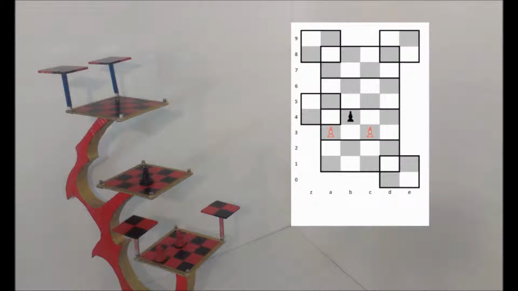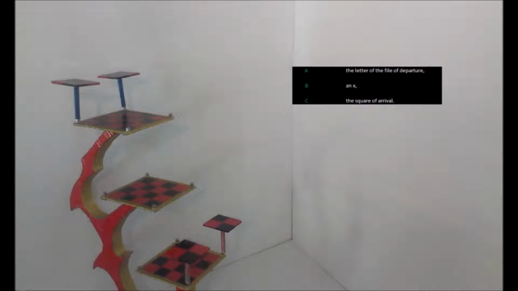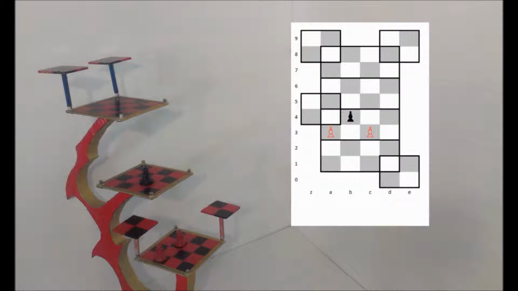If two pawns on different files can capture the same piece or pawn of the opponent, the pawn that is moved is indicated by: A, the letter of the file of departure; B, an X; C, the square of arrival.